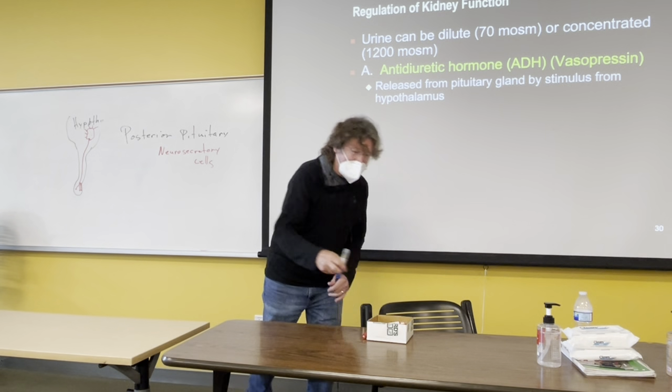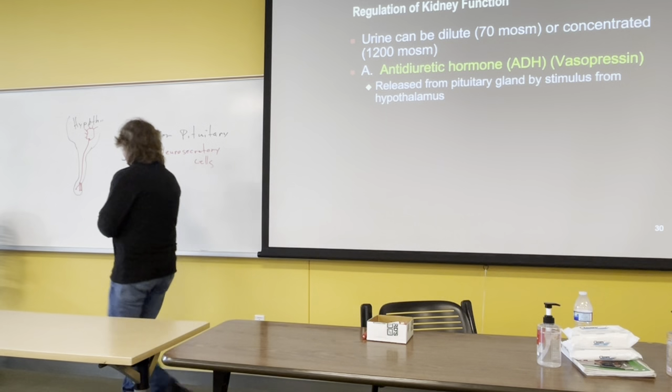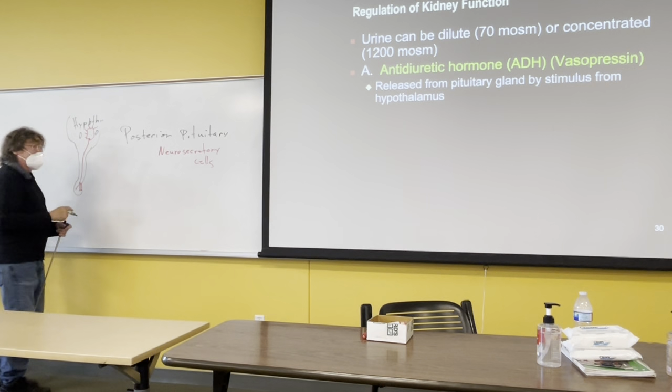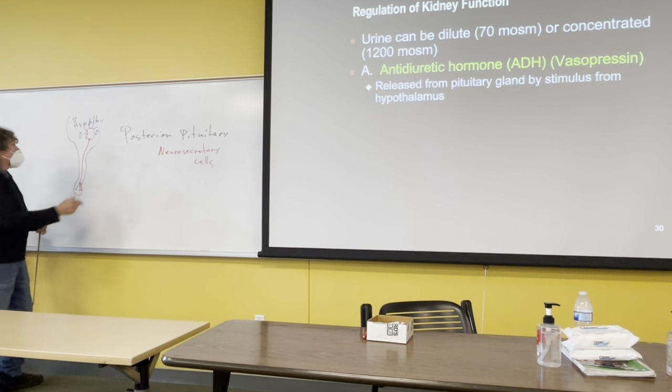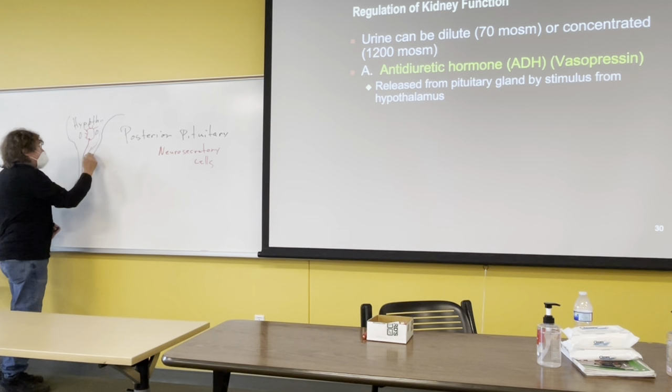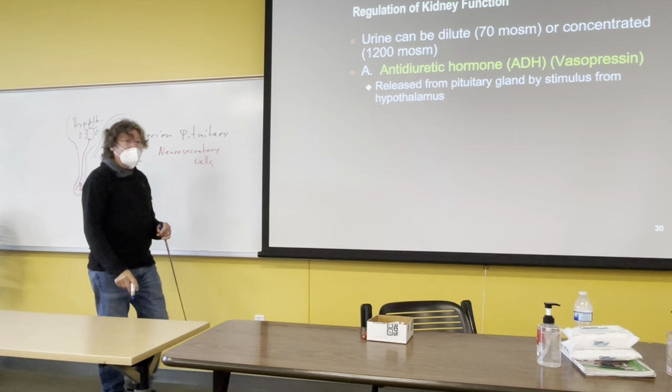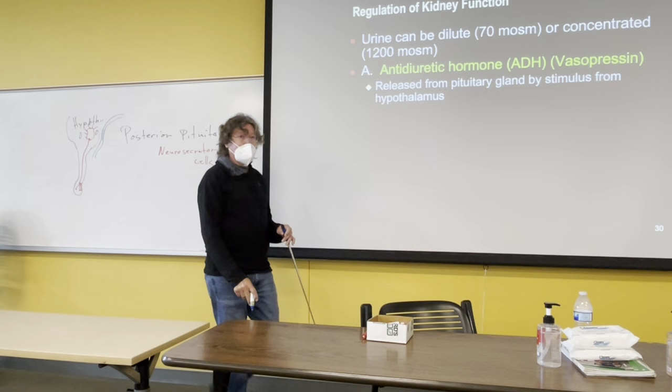Now, what is the stimulus for this release? There are sensory cells here as well that have stretch receptors. As a capillary comes in, if we have a high solute concentration in that capillary, where is water going to move with respect to the interstitial fluids? Into the capillary.